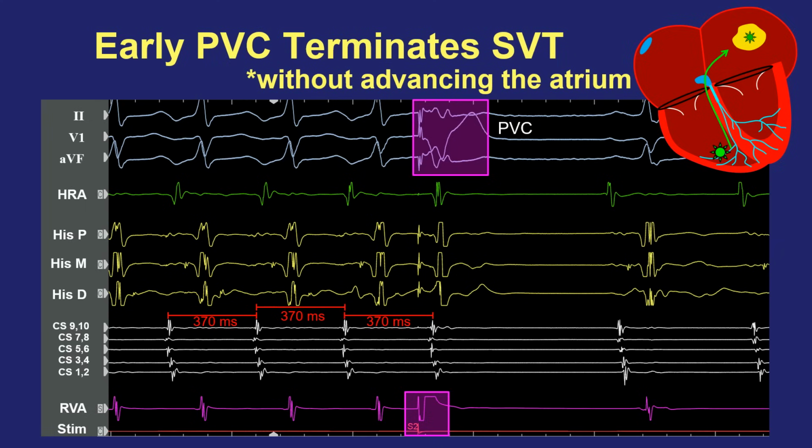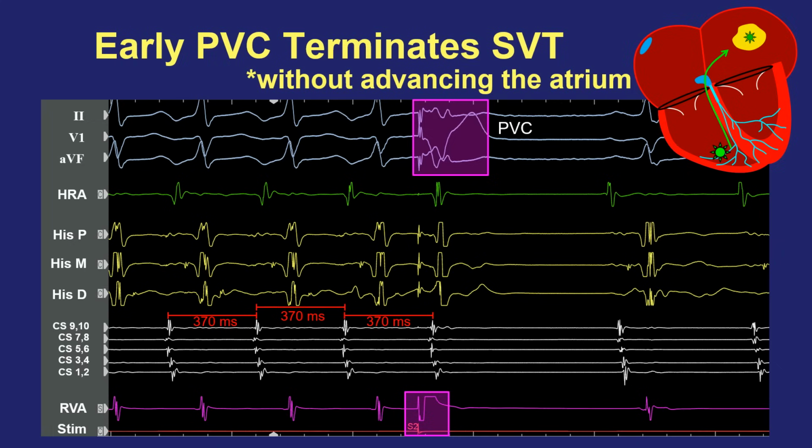And you could terminate an atrial tachycardia with a single ventricular beat, but you'd have to pre-excite the atrium. You'd have to actually get up into the atrium to impact the atrial tachycardia because it only involves atrial tissue and no other conduction system or ventricular tissue participates.